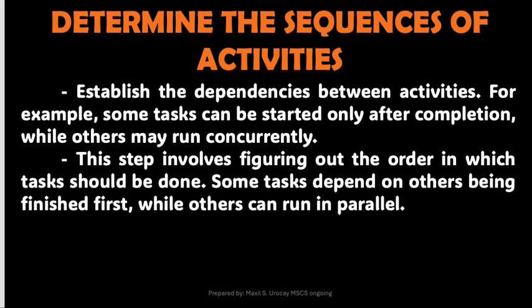Some tasks depend on others being finished first, while others can run in parallel. Because in our task, for example, you're doing a lot of tasks, it must be a step-by-step process. If there are a lot of dependencies, you will have to check what is the suitable one that you can go to next. So basically, we'll begin to identify that later as well.